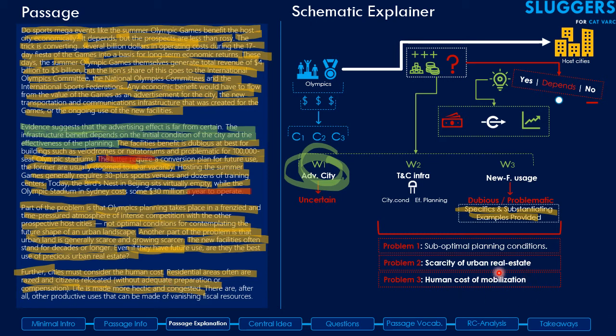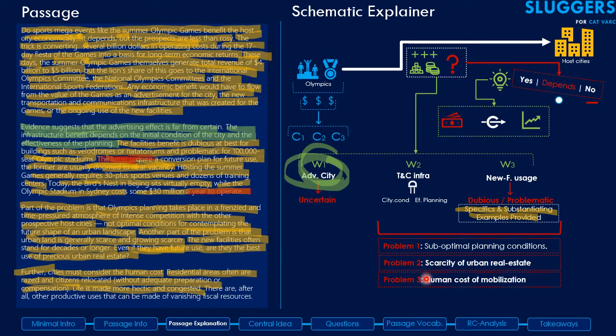The human cost of mobilization. He's saying that in order to build these huge structures and this huge infra, which anyways will probably not be used in the future, owing to the first problem, residential areas are often razed and citizens relocated without adequate preparation and compensation. So there's obviously a tremendous inconvenience caused to people who used to live in that area, right? Life is made more hectic and congested for them. So there's some human cost involved.